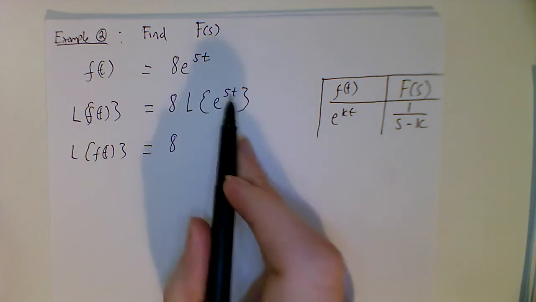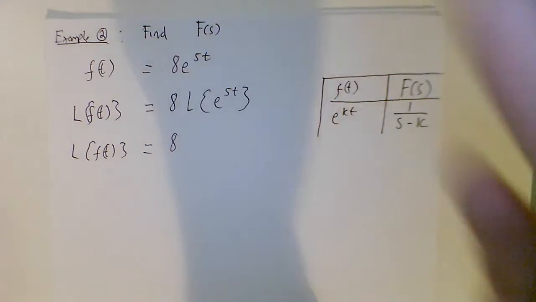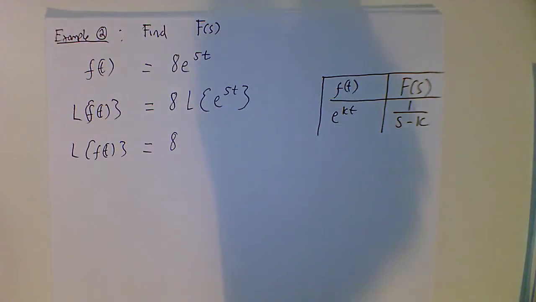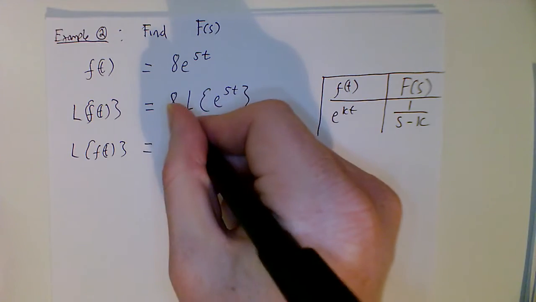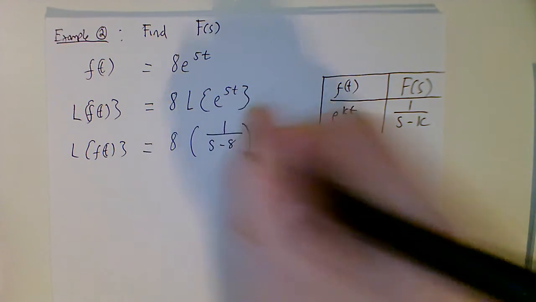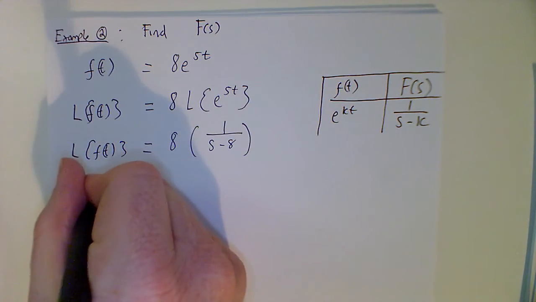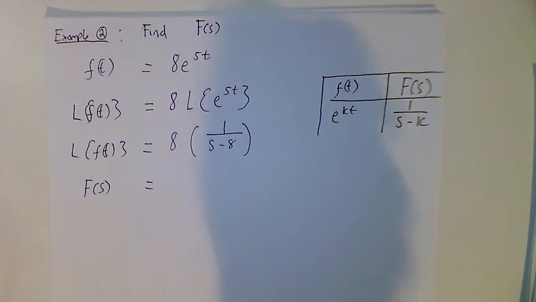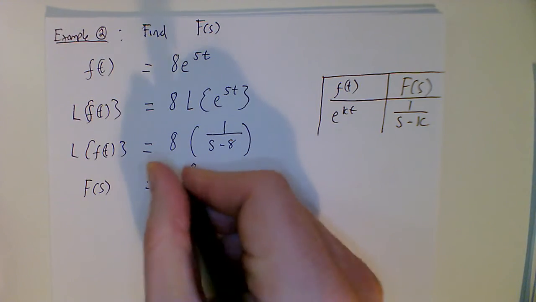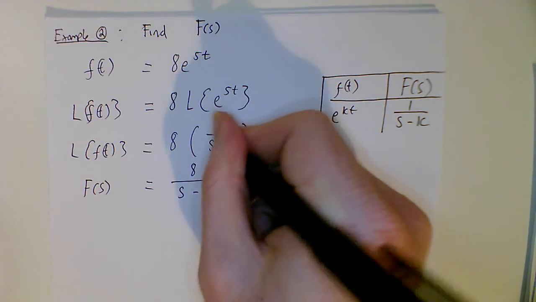So my k is 5, so that's going to be 8 times 1 over s take away 5. So that means that F of s is 8 over s take away 5.